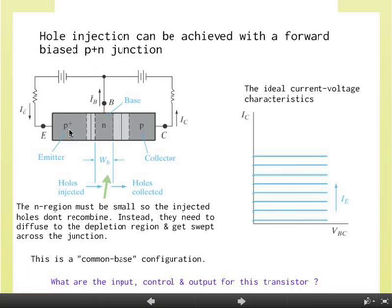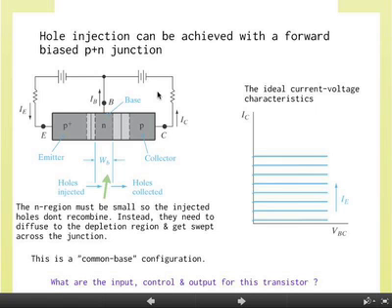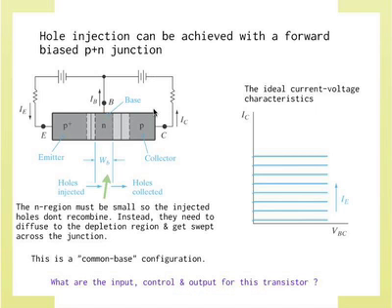The emitter current is what's doing the hole injection. And the output is the reverse saturation current of the base collector PN junction, which is this current, IC. That's the reverse saturation current which goes up and down on the curve. And the input signal, if it's an amplifier, goes into the control, into the emitter current.